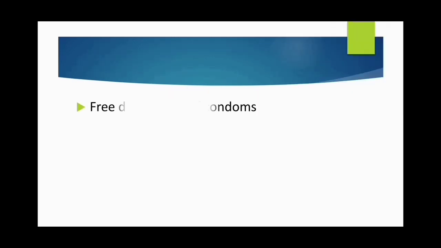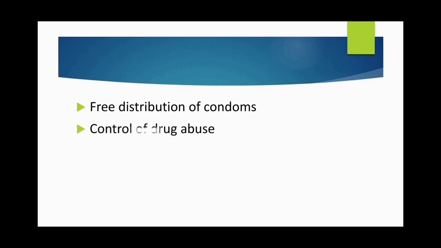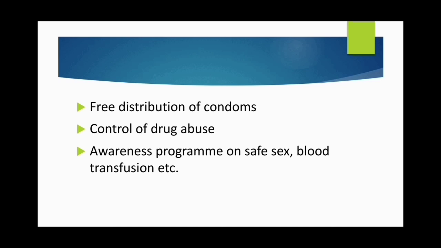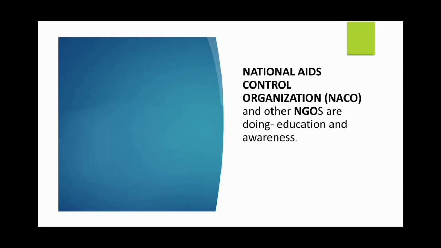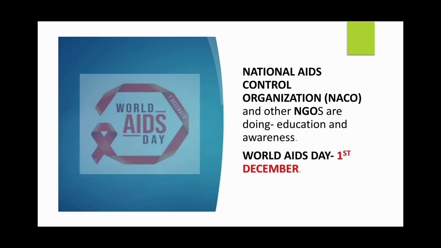Free distribution of condoms, control of drug abuse, awareness programs on safe sex, blood transfusion safety, etc. And most importantly, regular screening. NACO, the National AIDS Control Organization, and some other NGOs are doing education and awareness about HIV and AIDS. And December 1st is considered World AIDS Day.